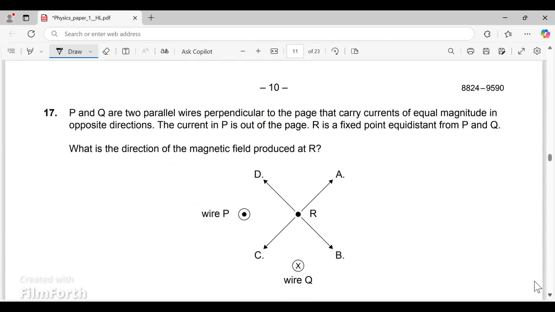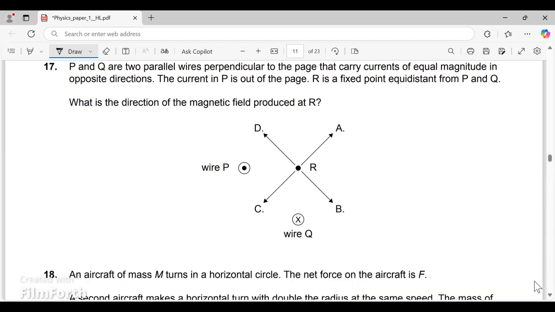Next. P and Q are two parallel wires perpendicular to the page that carry currents of equal magnitude in opposite directions. The current in P is out of the page. R is a fixed point equidistant from P and Q. What is the direction of the magnetic field produced at R?